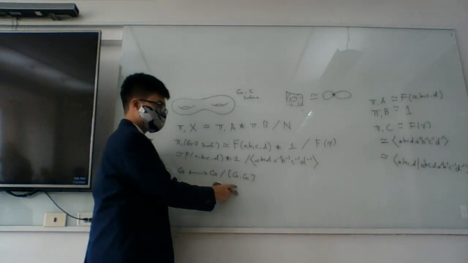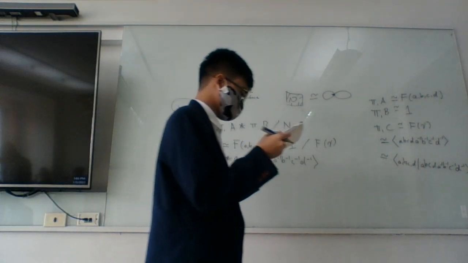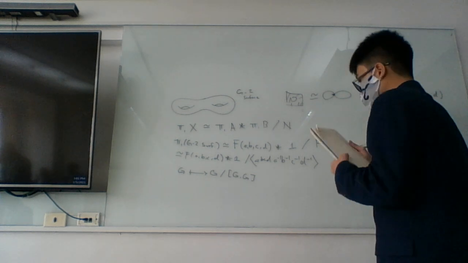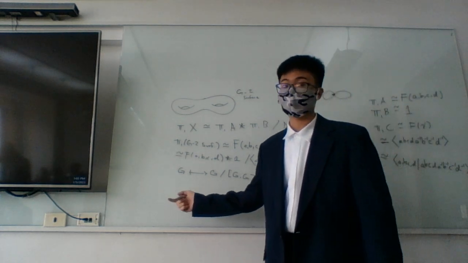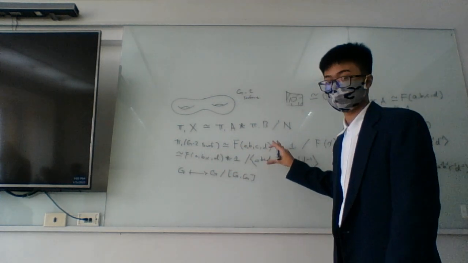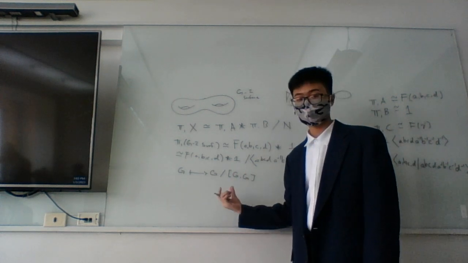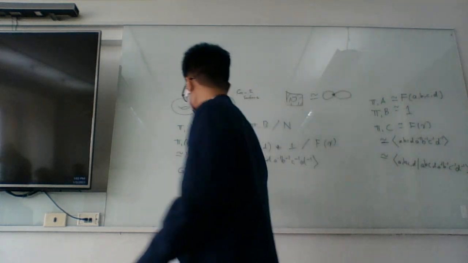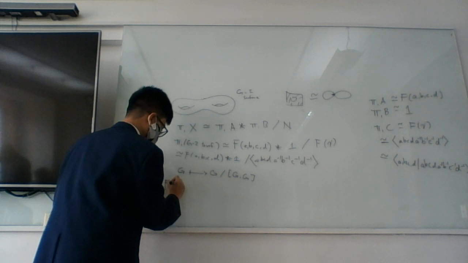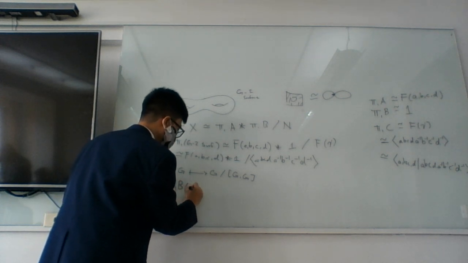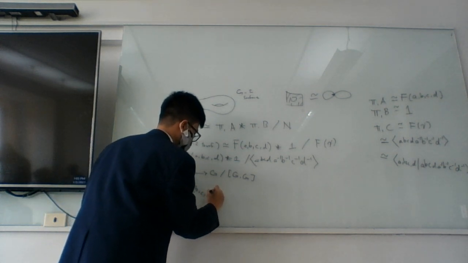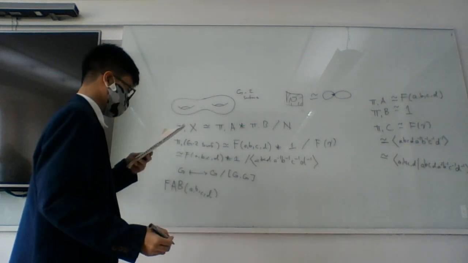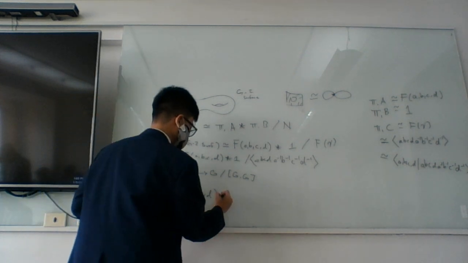So what would this be in our case? Now I won't go into specifics of the calculation for the abelianization of this, but we'll skip to the result and say that the abelianization of F of A, B, C, D is Z4.